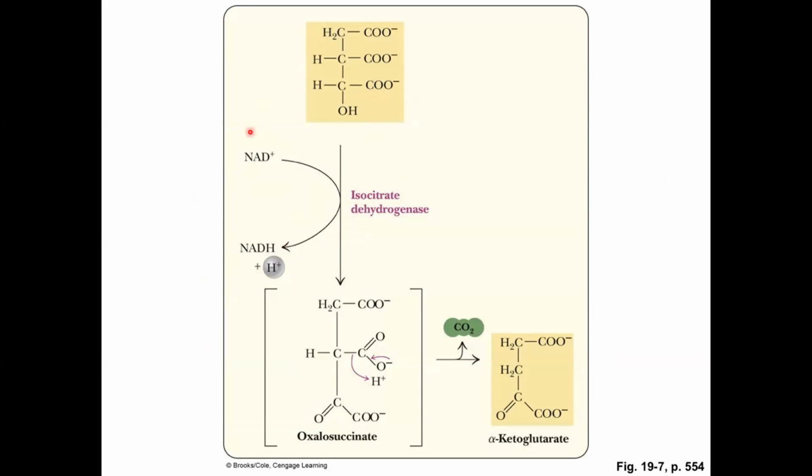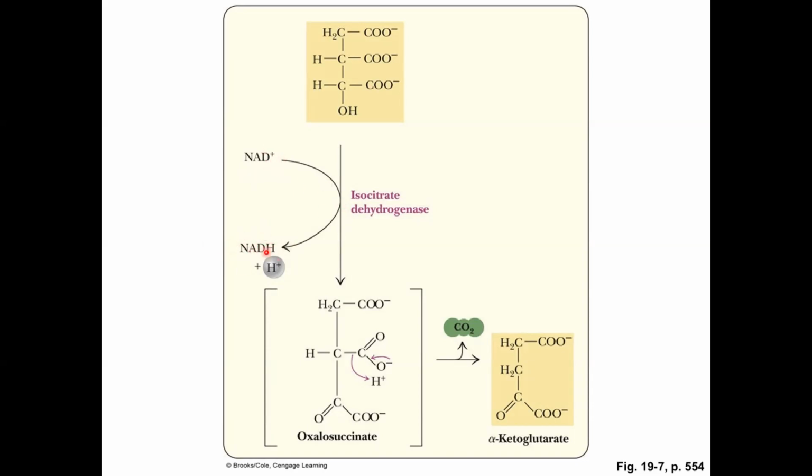Here, this is going to require NAD, and NADH will be formed, so oxidation occurs. This is how I learned oxidation: LEO says GER, lose an electron, oxidation, gain an electron, reduction. So when you lose an electron, oxidation occurs.